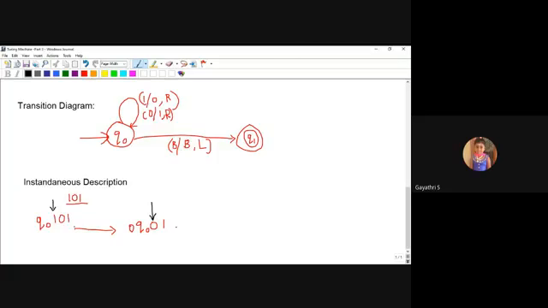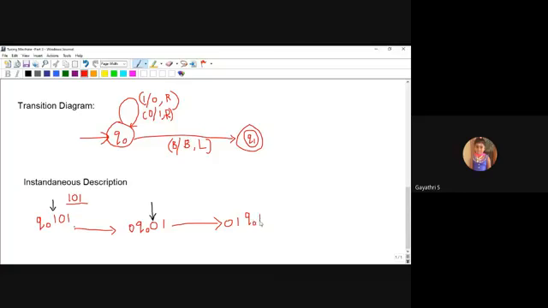Next, from Q0, if you are reading 0, that 0 is replaced by 1. So 0, 1, and the state does not change. It is the same state.